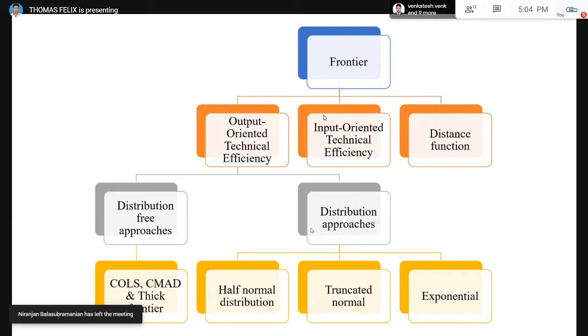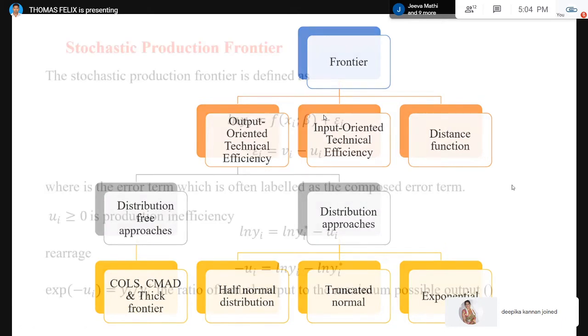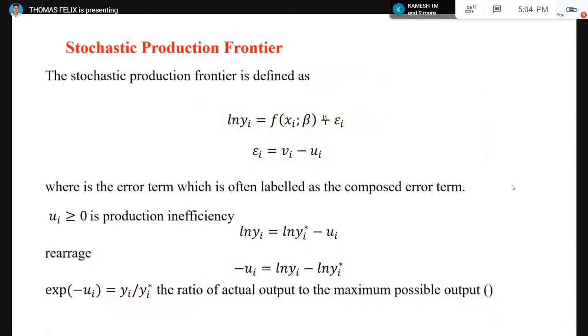Another one is exponential. It has the assumption that the error follows the exponential distribution. Before that, we just want to know what the stochastic frontier production is. The stochastic frontier production has the assumption that the error has two different terms.